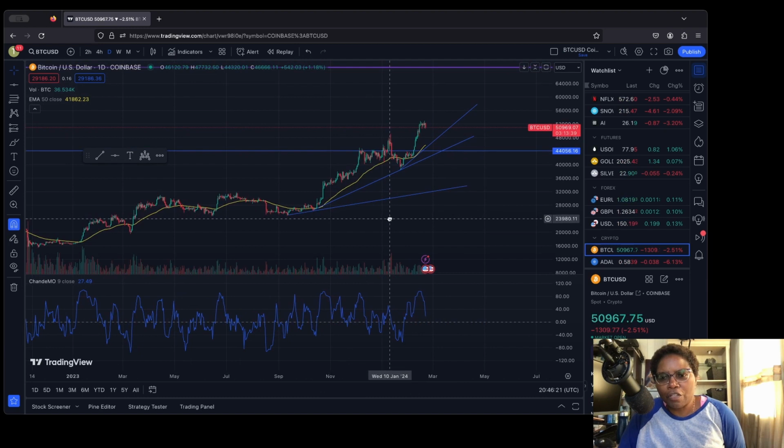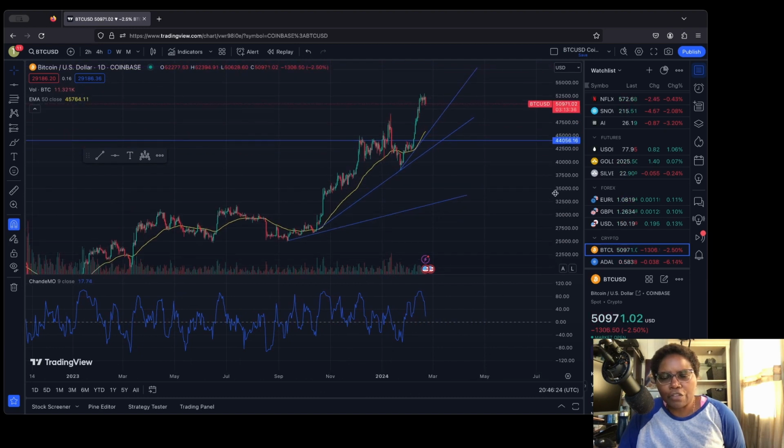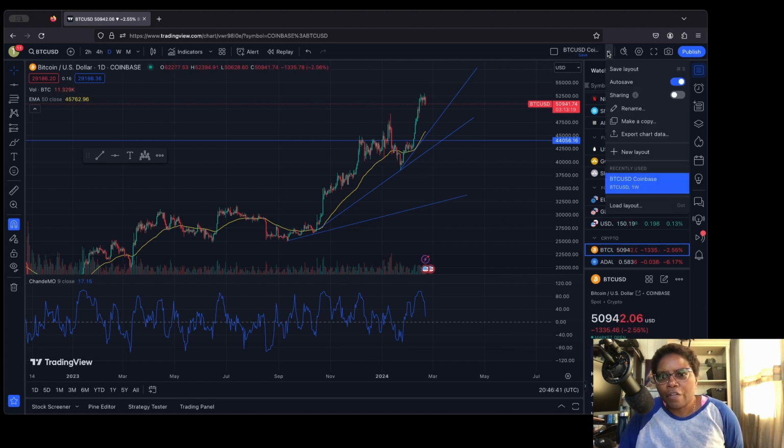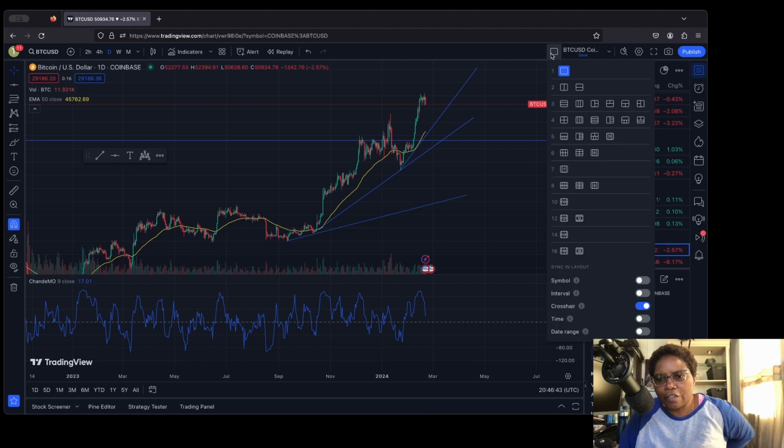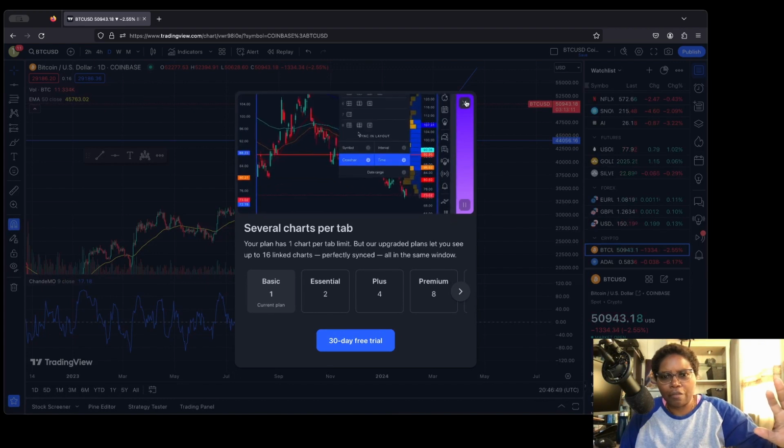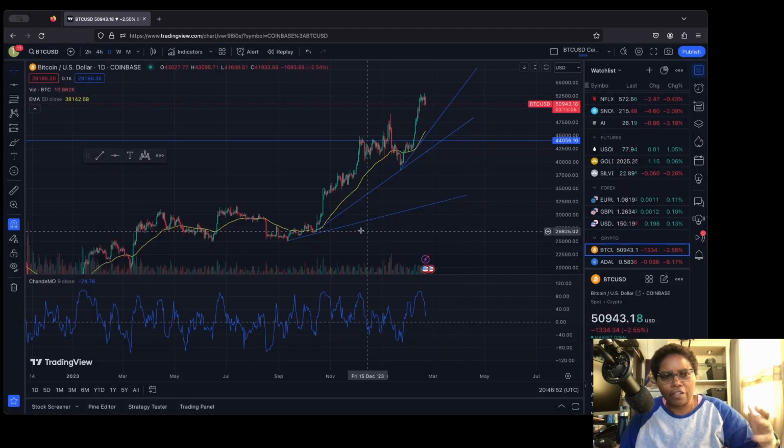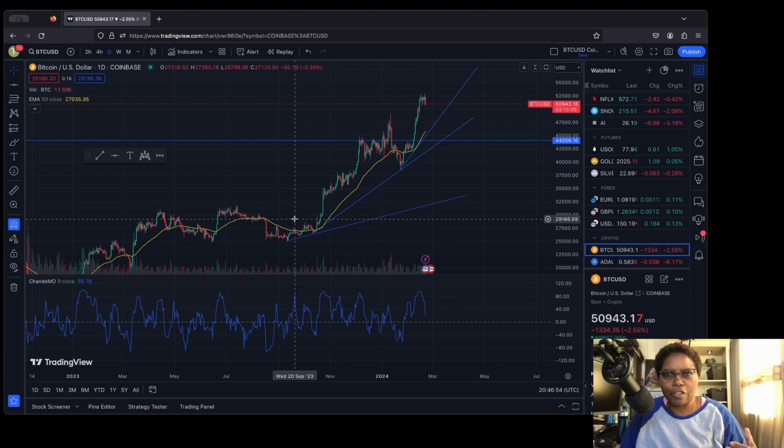Part of the reason why I'm doing it on the unpaid version is that there's a little bit of difference in the way that I handle my charts on the paid version versus the unpaid version. On the paid version, I can have multiple windows open for the same chart, like up here. I can have 4 different windows per tab, and then I can have the monthly in one and the weekly in another, and then I can have the daily and the 8-hour, because I'm not really a day trader.